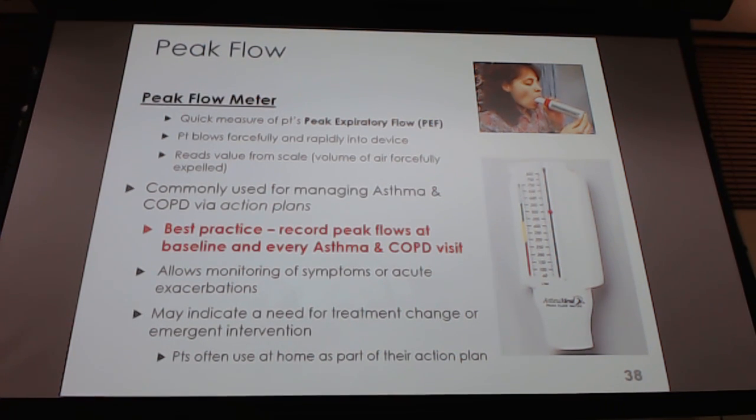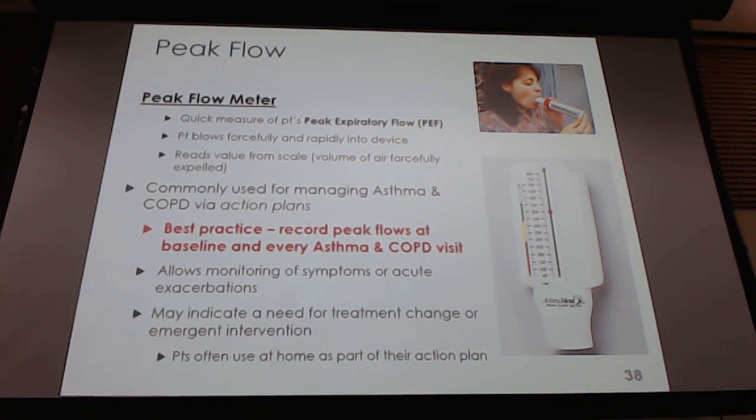Because most of our asthma action plans for kids involve, if your symptoms don't get better, if you're still in this red zone, then you have to go to the ER. But if you go from yellow to green, you're good. Or if you're already green, maybe you're just having a panic attack, right? But it gives you an objective way to measure that flow of air. So I like them.